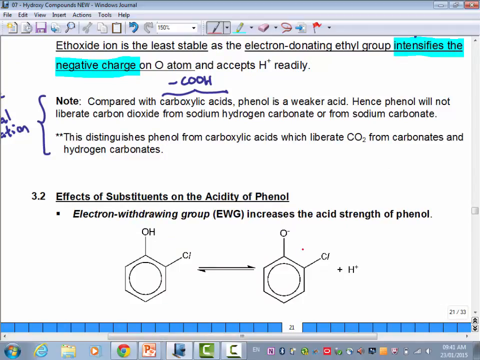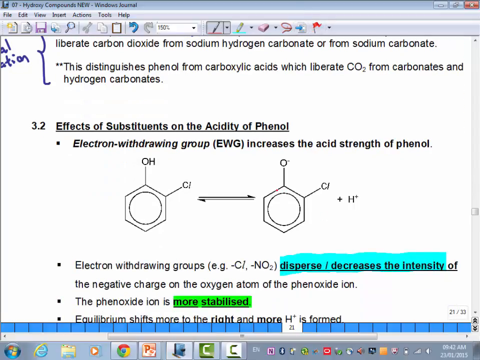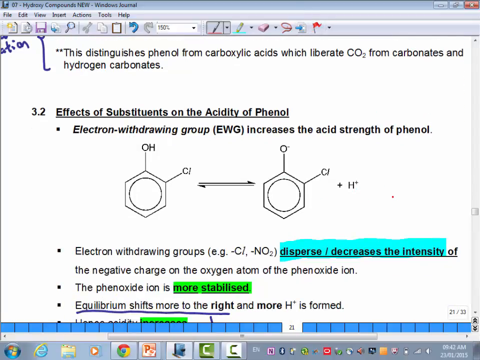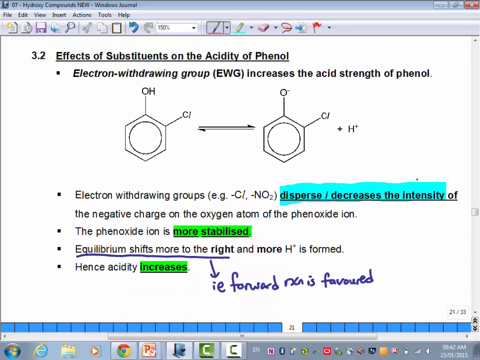First and foremost, let's say your phenol has an electron withdrawing group, for example Cl, Br, NO2. What happens to the acidity? You know that electron withdrawing groups like to withdraw electron density towards themselves. So in the example shown here, after the dissociation of the proton, the electron withdrawing group is going to better disperse, or decrease, the intensity of negative charge on the O minus.